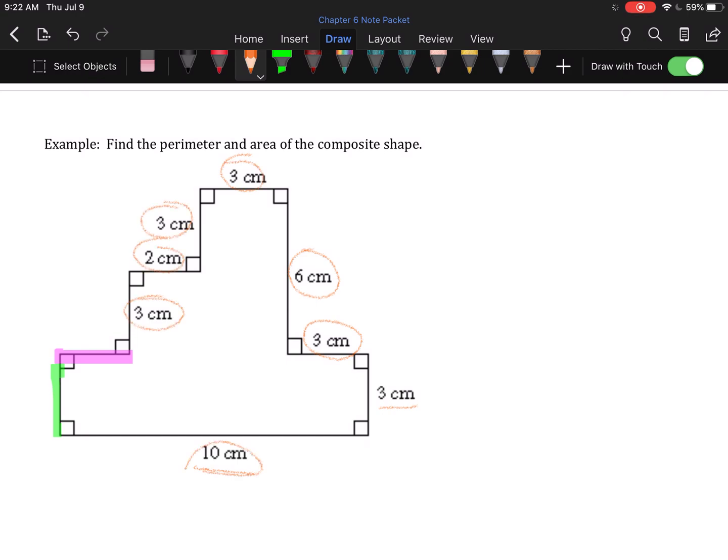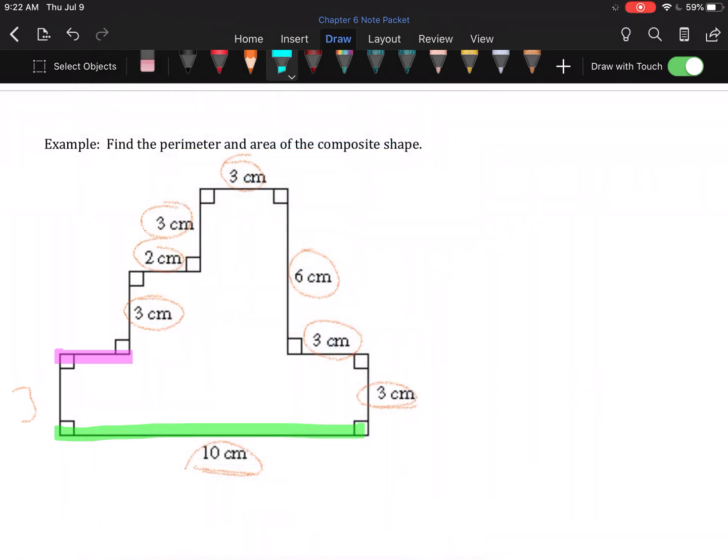It's just these two over here that I highlighted that I don't know. The green is obviously 3. It's the same as the one across from it. The pink chunk is part of the distance across. Well, we know all the way across is 10.